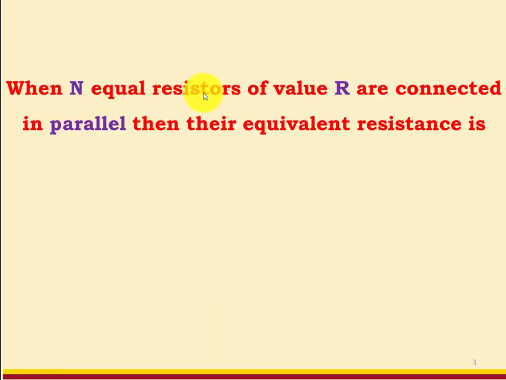When n equal resistors of value capital R are connected in parallel, what is their equivalent resistance? Suppose there are n resistors, all equal, each having a value of capital R. Then 1 upon R equivalent equals 1 by R plus 1 by R plus 1 by R, and so on up to n times.